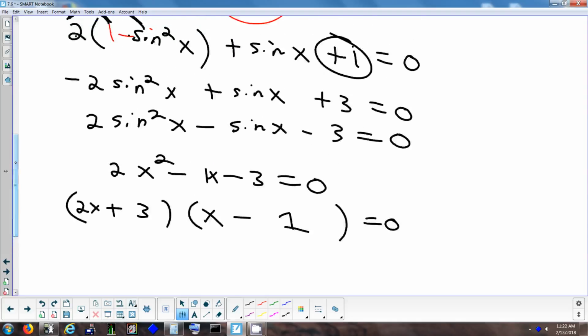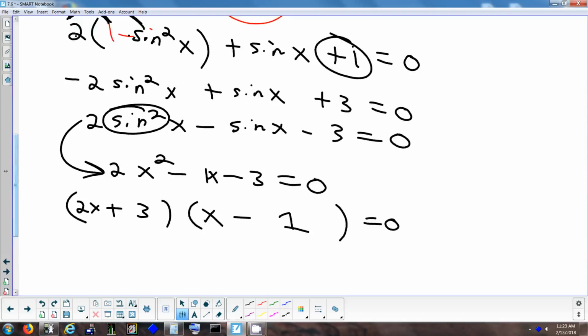So in order to get from this to this, what did I do? I just changed what to what? Change sine to x. The only reason I did that is to make it look visually simpler for you. But remember, it wasn't an x, it was really sine.